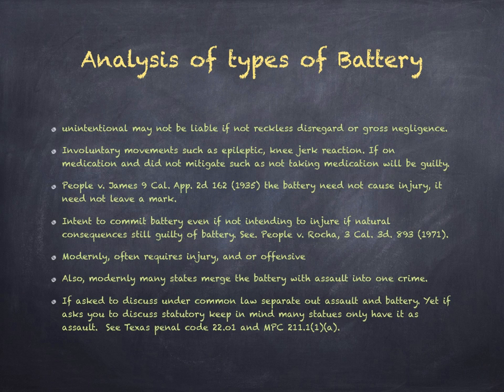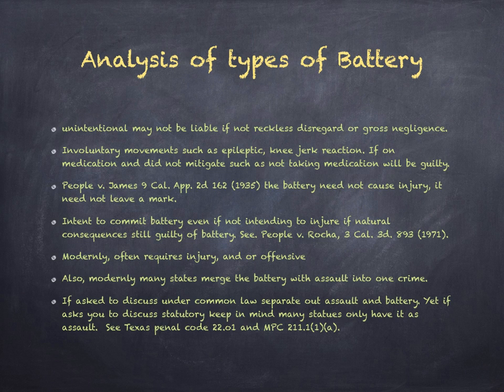Now, there are instances where you know that you have epilepsy and you're not taking your medicine on purpose, then you might be held liable. So you have a duty to mitigate.